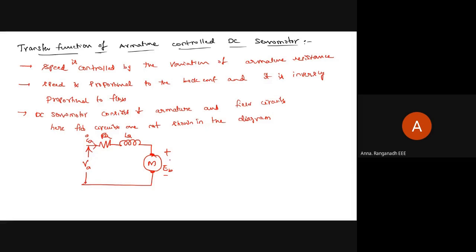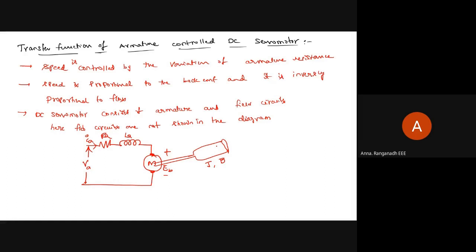And this motor shaft is connected to the mechanical load. This mechanical load consists of two terms: one is moment of inertia and the other is dashpot. Already we discussed mechanical systems like the translational system and rotational system.